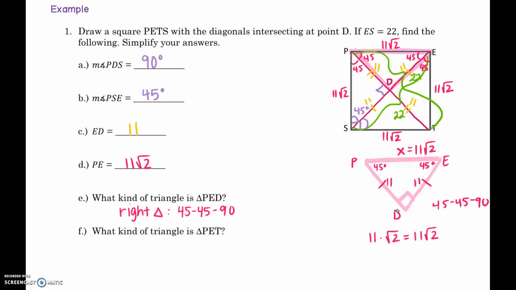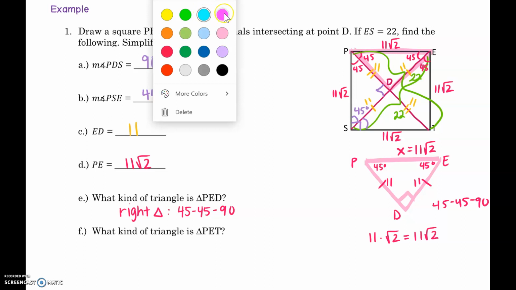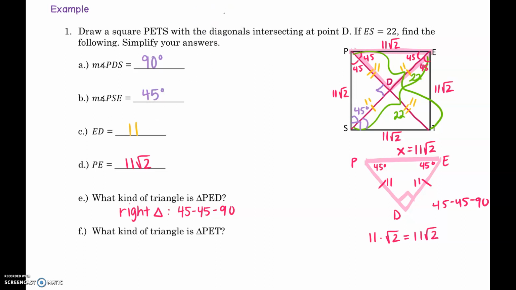What kind of triangle is triangle PET? All right, so if we look at triangle PET, that's this blue highlighted triangle here. We know that angle E is a right angle.